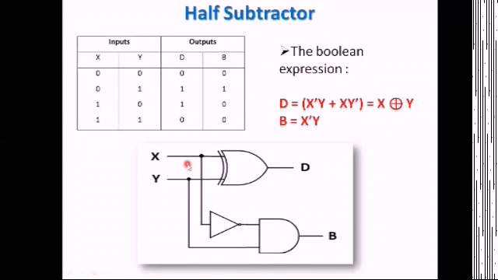X XOR Y, this one is the symbol of XOR gate, is D, and B is equal to X bar dot Y. So X is going to the inverter, and the output will be X bar, and the other input is Y, and this is an AND gate, so here we can write X bar Y. I hope this is clear.